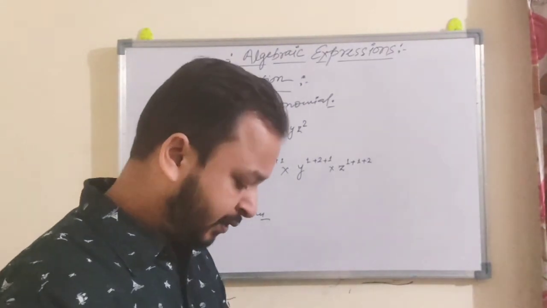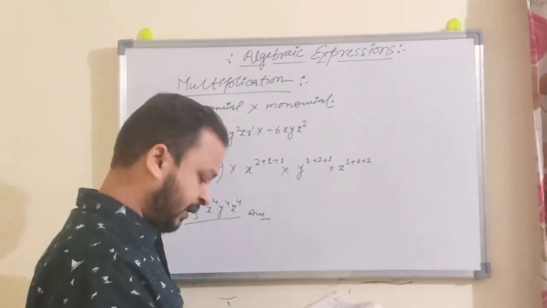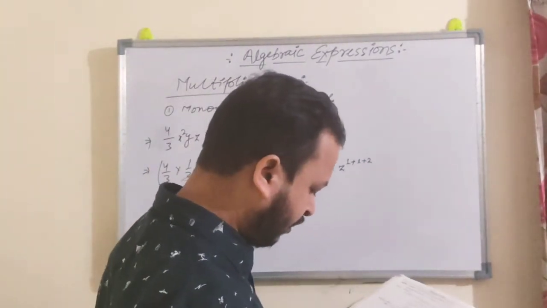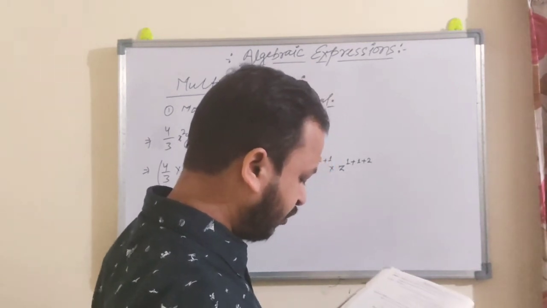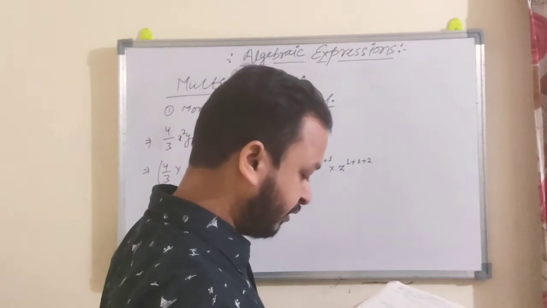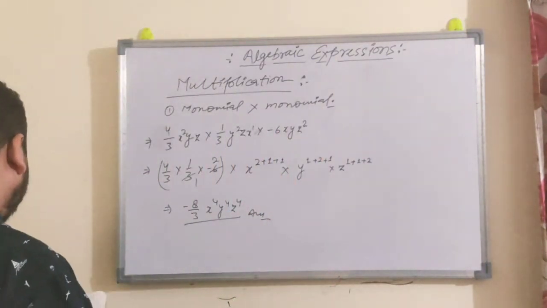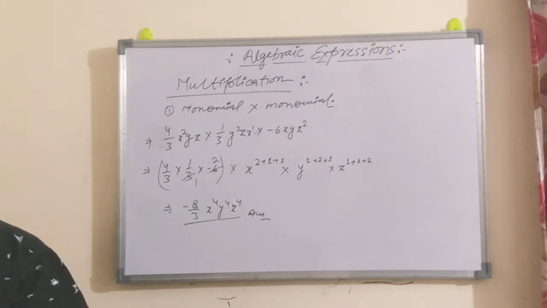And here one question is, find the value where two monomials are given and the variable values are also given. So we are going to solve it for these given values.